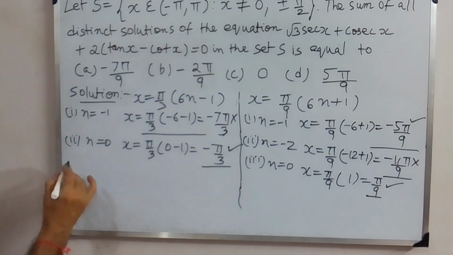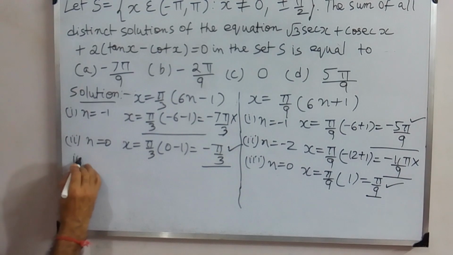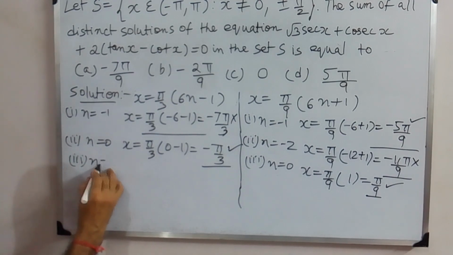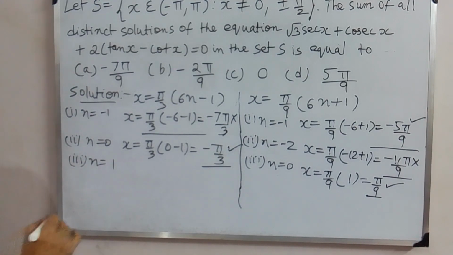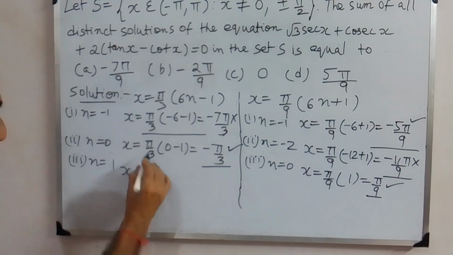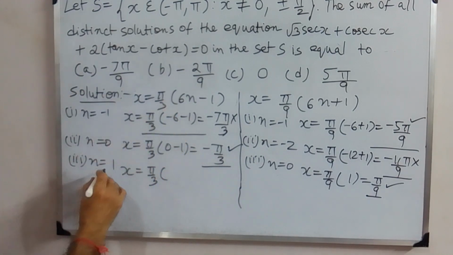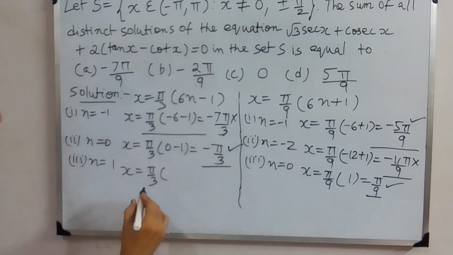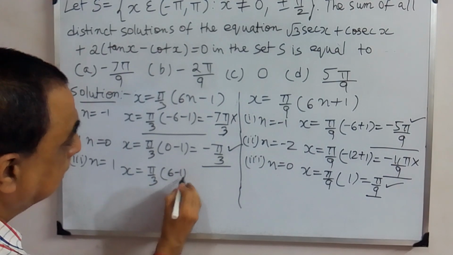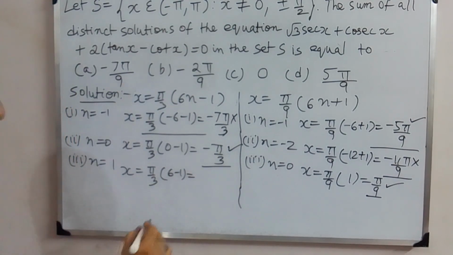Now let us check for n equals 1. What value of x will I get from this side? This will be pi by 3, and putting n equals 1, 6 into 1 will be 6 minus 1, so this is 5.